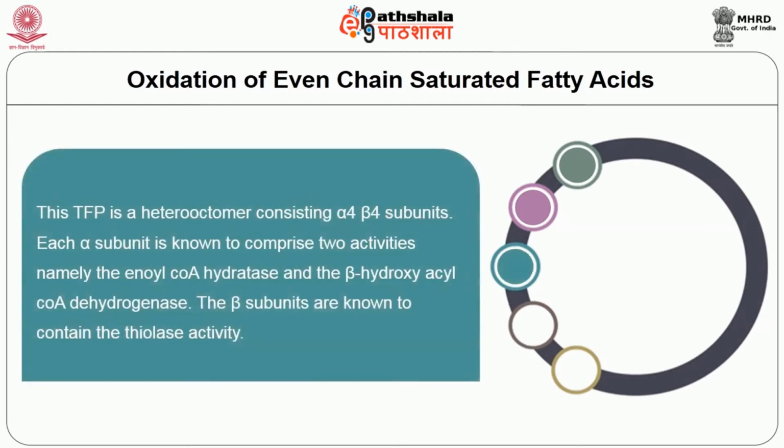This TFP is a heterooctamer consisting of alpha 4 beta 4 subunits. Each alpha subunit comprises 2 activities, namely enoyl-CoA hydratase and beta-hydroxyacyl-CoA dehydrogenase. The beta subunits contain the thiolase activity.